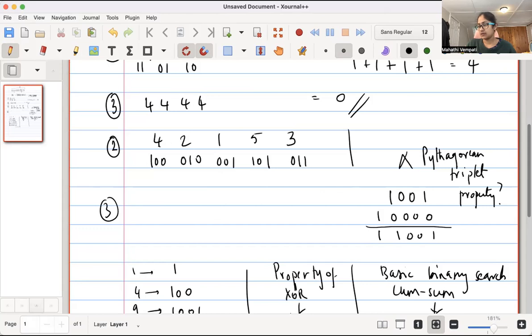Wait, number of subarrays starting here is 5. Starting here is 4, 3, 2, 1. So 5 plus 4 plus 3 plus 2 plus 1. Right. That's the total number of subarrays. So that is 5 into 6 by 2. 5 threes is 15. Minus 3, 12. So I didn't count 1. So subarrays of size 1, 4, and 1.